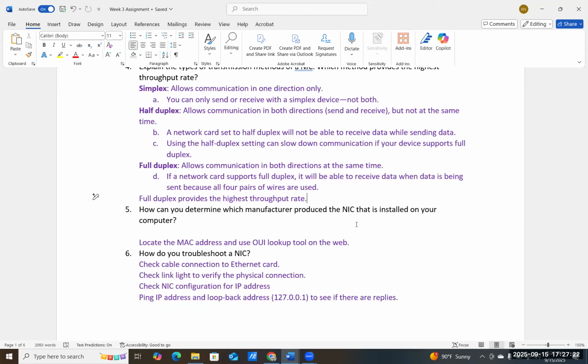Now we can pinpoint who sold that particular adapter by finding the MAC address of the system, and the value at the front of that MAC address is going to tell you the vendor, the creator, of that particular device. Why is this important?